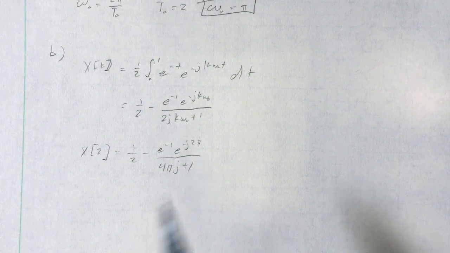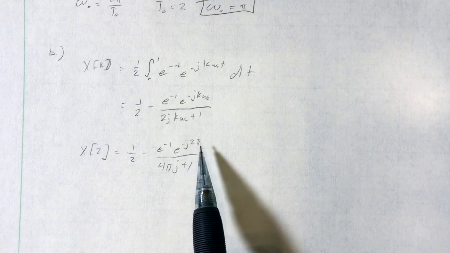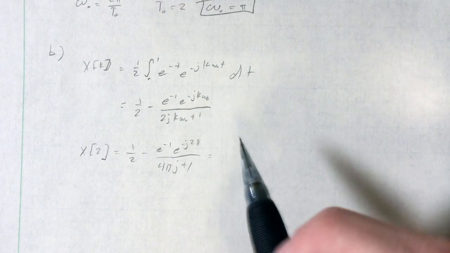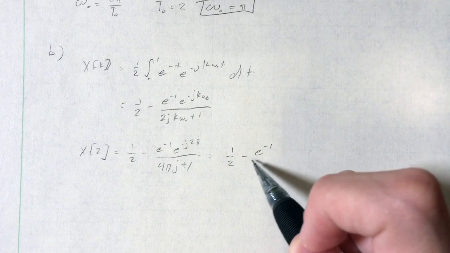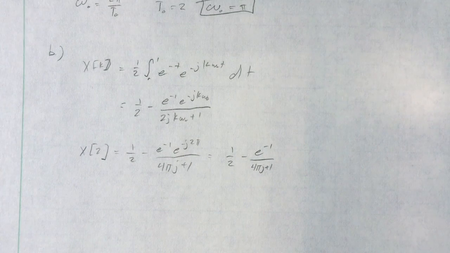We can simplify this a little bit by realizing that e to the negative j 2 pi is just equal to 1. So we get something like 1/2 times (1 minus e to the minus 1) over (4 pi j plus 1).